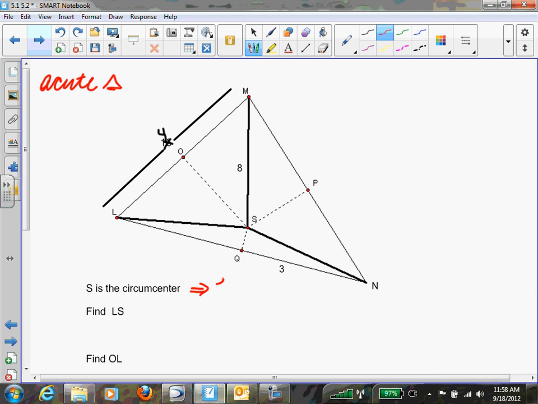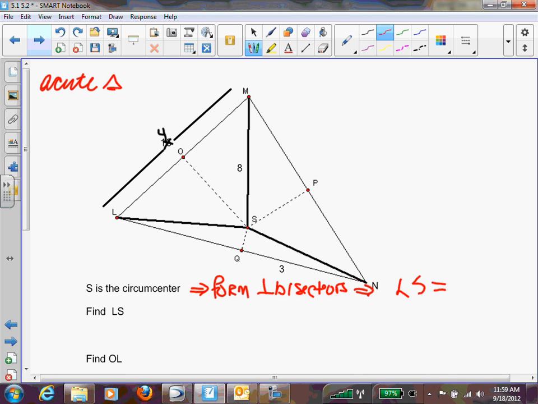This is formed by perpendicular bisectors, which implies what lengths are congruent? So LS is equal to SN, which is equal to MS. That's how you have to approach these problems as you see your terminology.